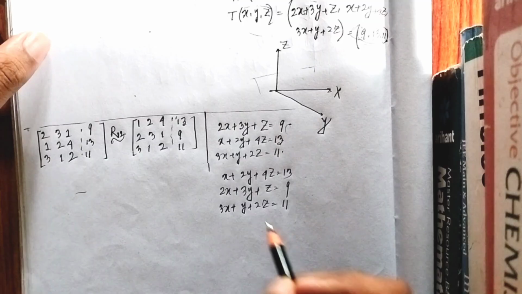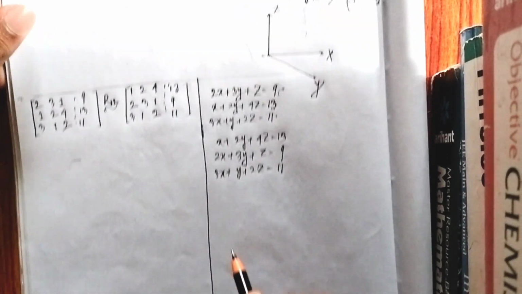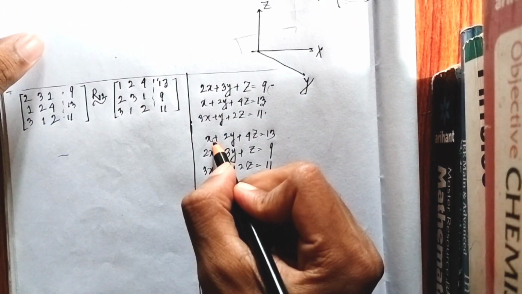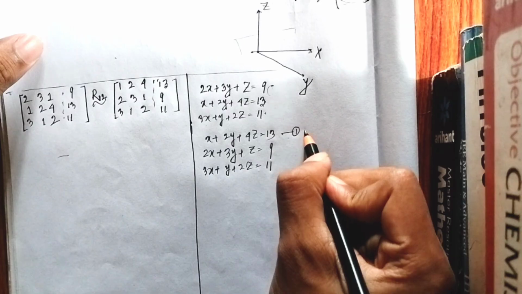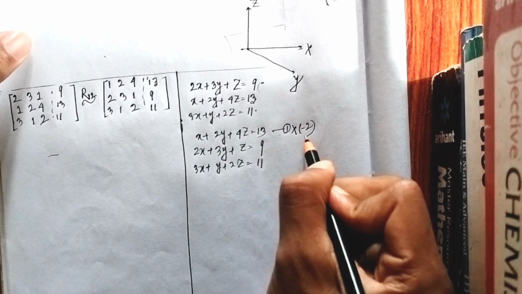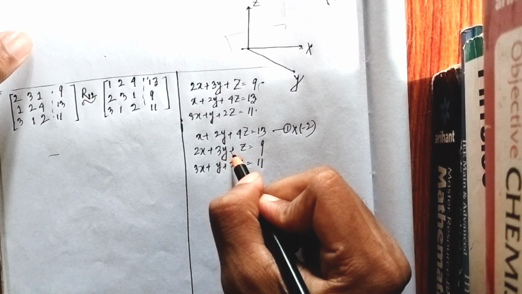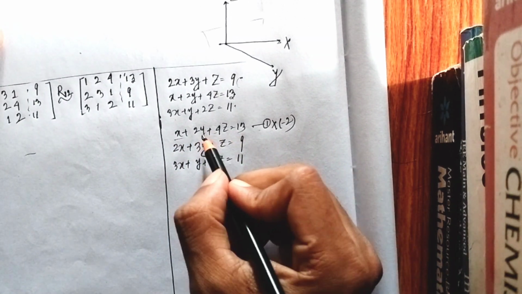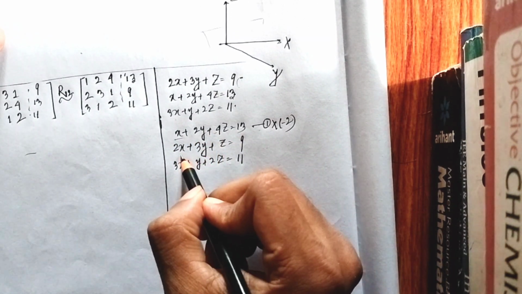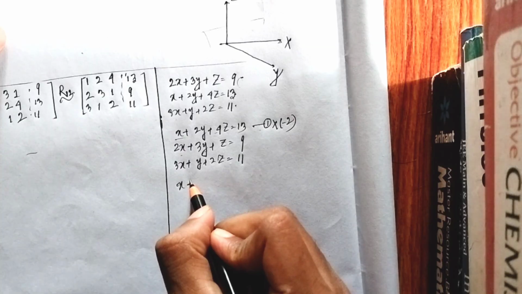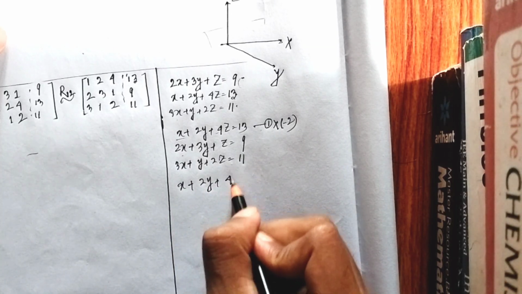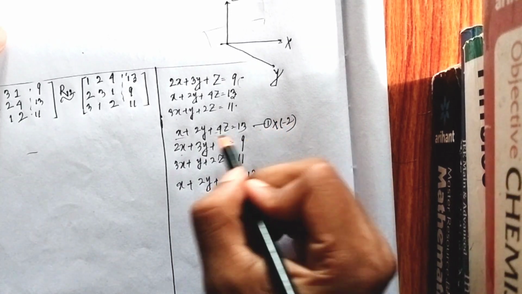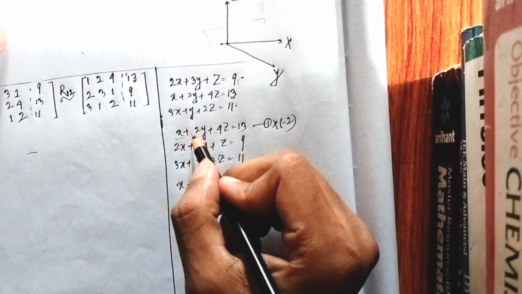Now again, we can multiply this equation by -2 and add it to this one. So ultimately we will have this. We multiply this by -2 and add it to this.